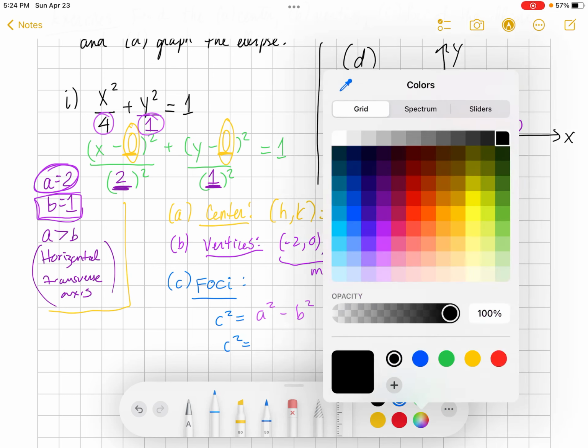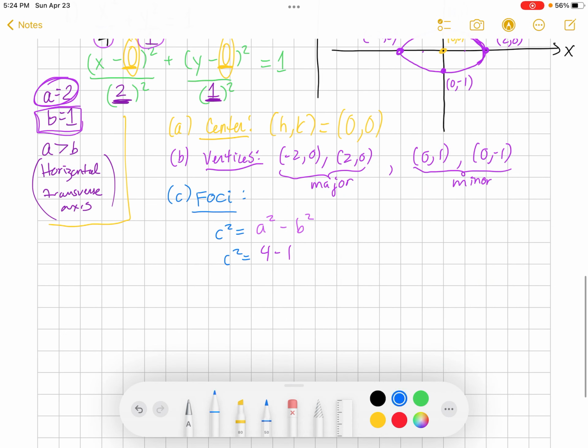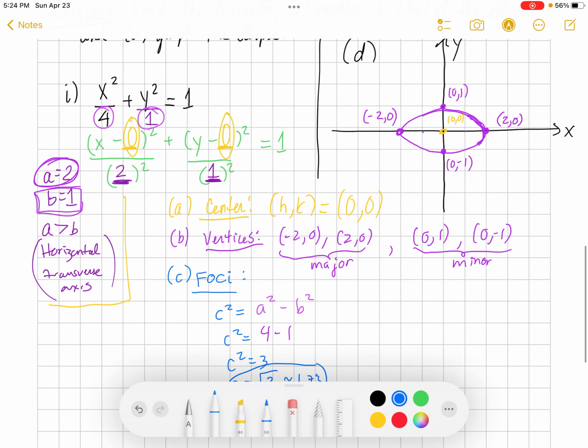So remember, a squared was 4 and b squared was 1. So c squared is going to be basically 4 minus 1, which is 3. So c squared is equal to 3, and I take the square root of that. What is the square root of 3? I think the square root of 3 is about 1.73.